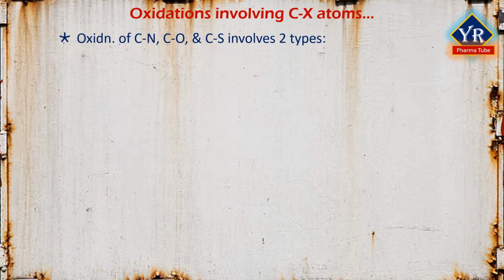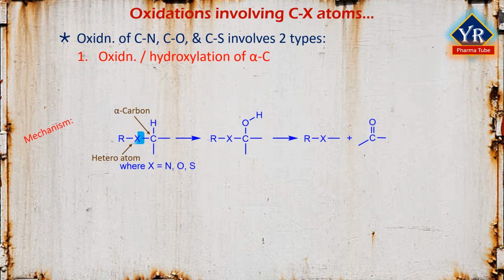Metabolic oxidation of carbon-nitrogen, carbon-oxygen, and carbon-sulfur principally involves two basic types of metabolic reactions. Number 1, oxidation or hydroxylation of the alpha carbon attached directly to the heteroatom, that is nitrogen, oxygen, or sulfur.